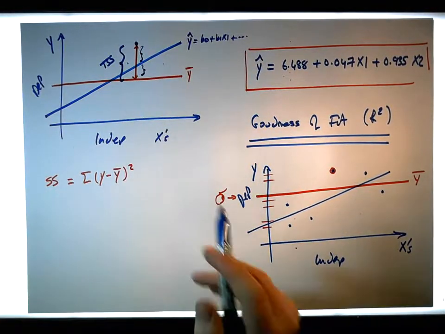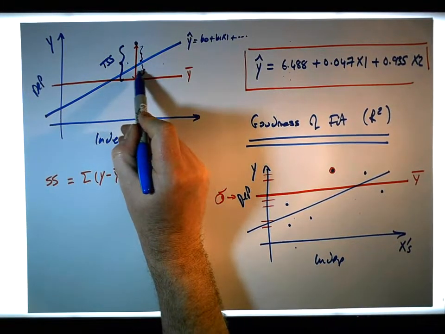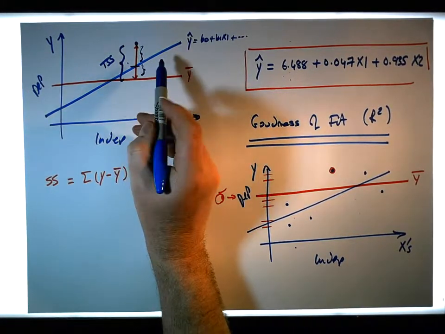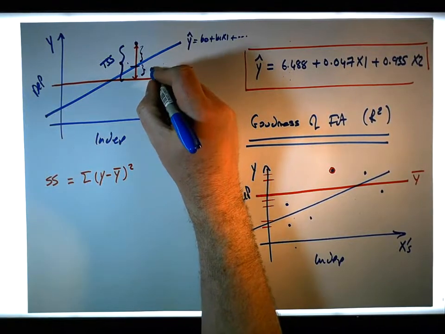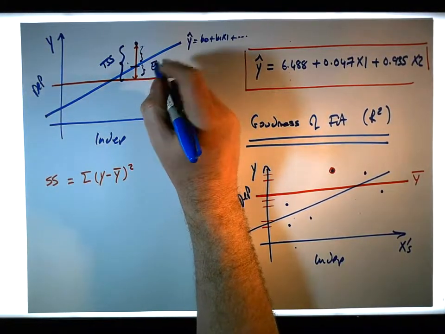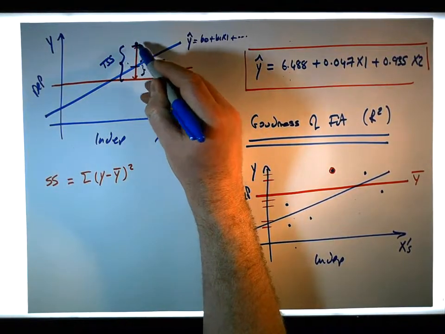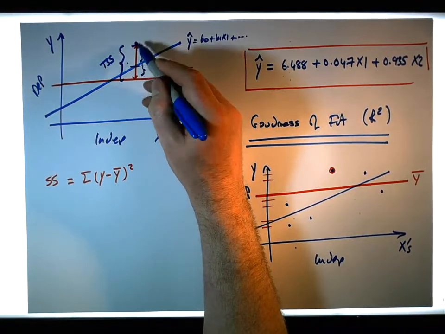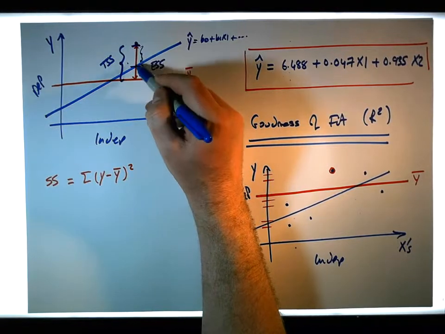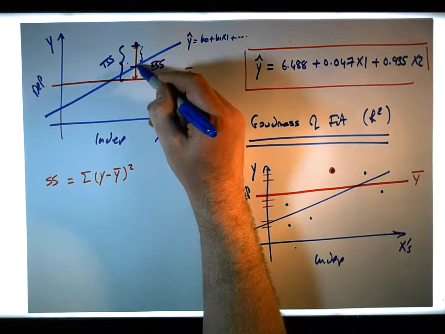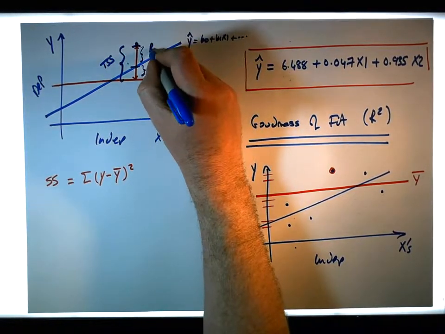So this lower section is basically what the model is explaining. So this is the explained sum of squares we could calculate. And this piece up here is where the model is underestimating this particular point. So this distance here we call the residual, so this is called the residual sum of squares.